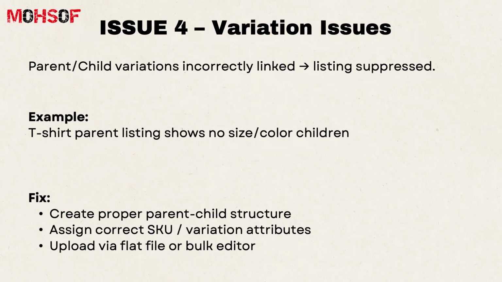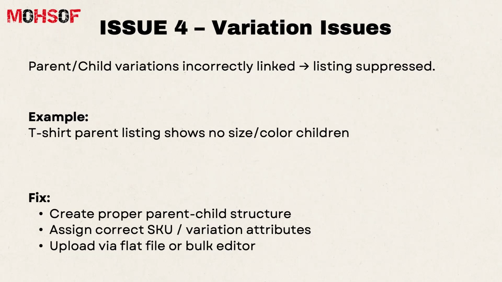Number four is the variation issue. This is very common and happens to every other reseller. When you create parent and child listings, they should align with the basic information like size and color. When you create a parent, you mention a template: is it size name, or size and color name? You need to mention exactly what matches the data in the list. If the data has size and color separately, you should select size name and color name.